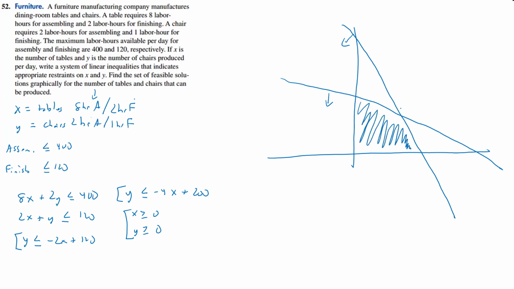All right. So that means we have to find this point, this point, this point, and that's 0, 0. So that's the easy one. Again, this one is not too hard. What is that going to be? That's going to be 0, 120. This one, if we plug in y is 0, then that's going to be 50, 0.